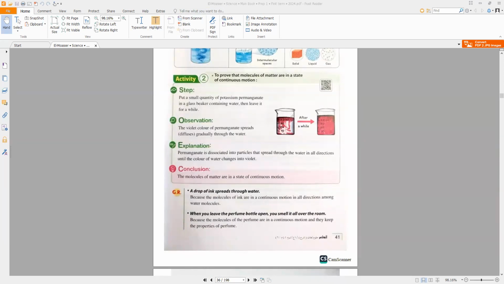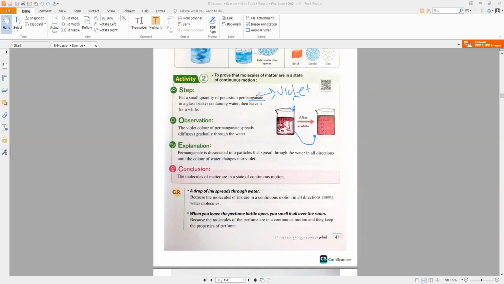If you have a beaker containing water, and you put some drops of permanganate inside the water, the color of the permanganate is violet. You will find that the color of the water becomes violet. Why?